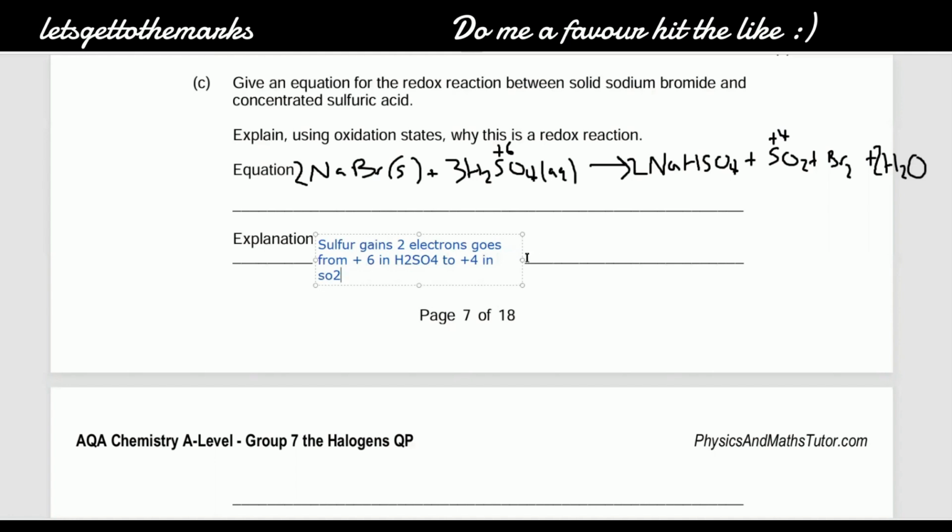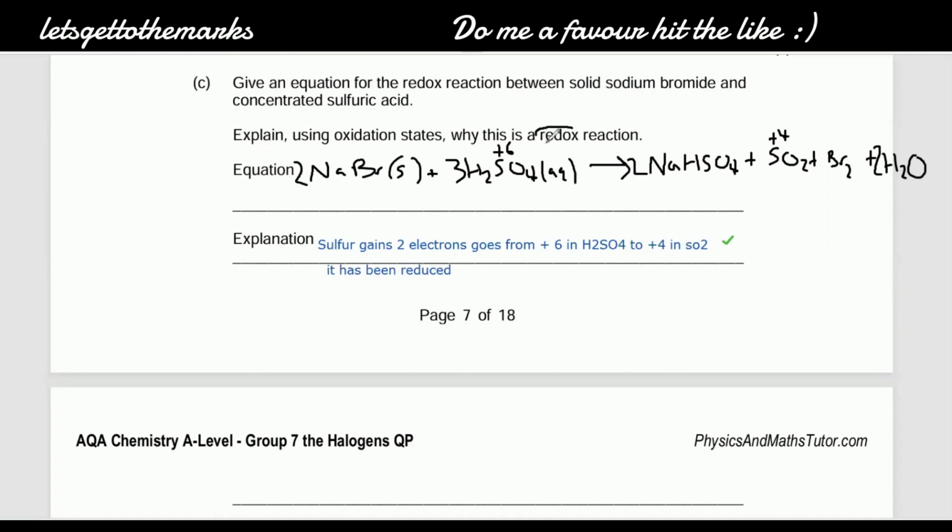That's one way of explaining it. What's happened to it? It's gained electrons. It's been reduced.